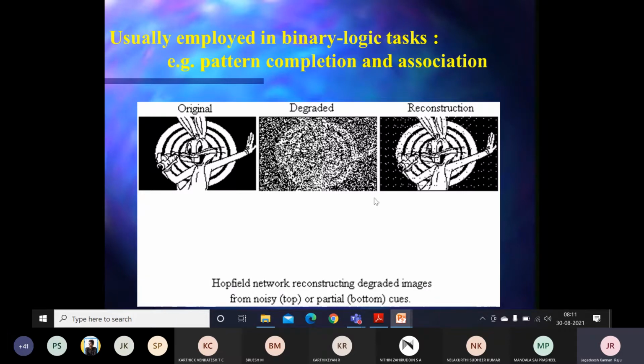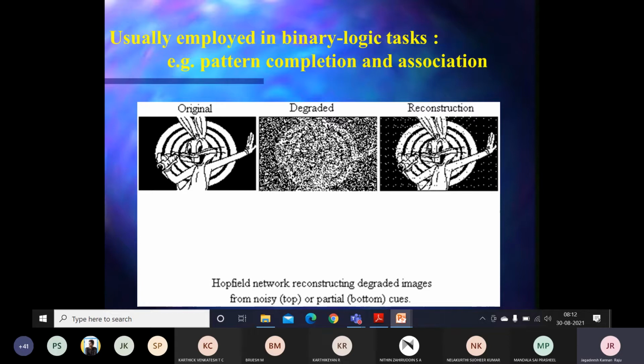The original image is degraded due to some external factors, maybe due to noise, or the aging of the photograph, or other external disturbances, like some sketches or prints being faded, or some portion of the print disappearing. All those things may be considered a degraded image.